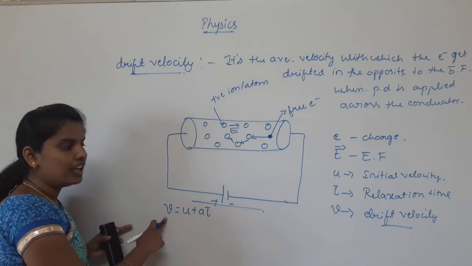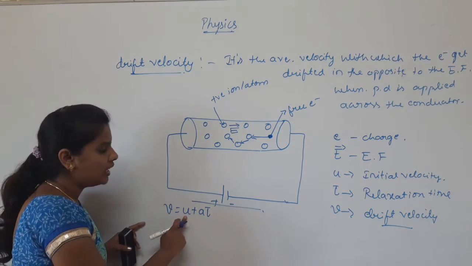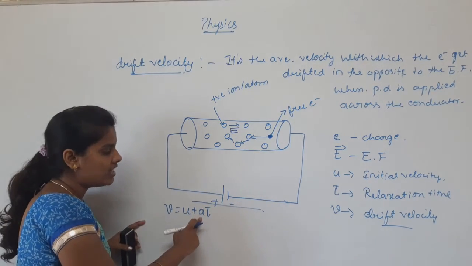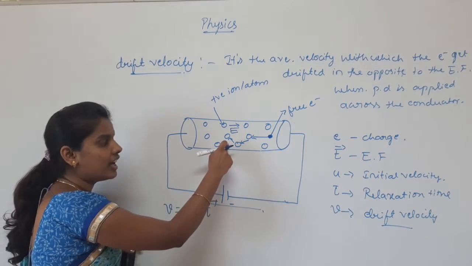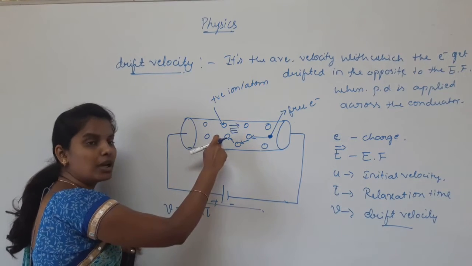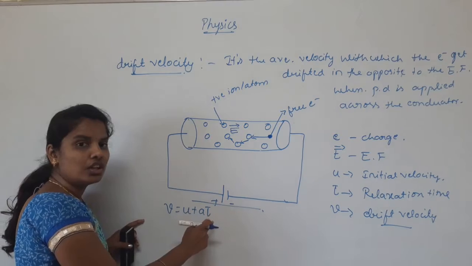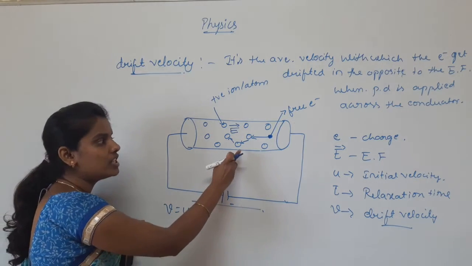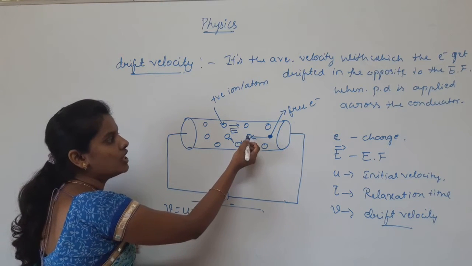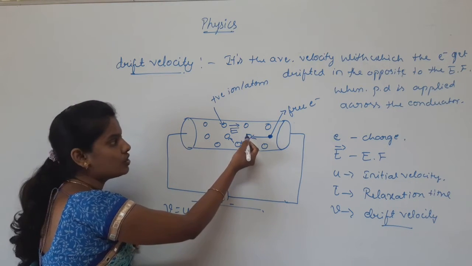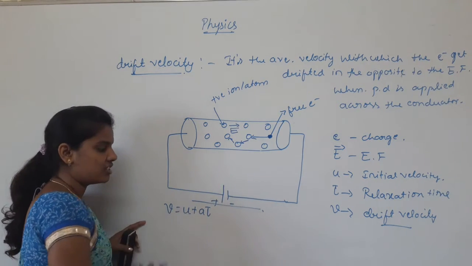Here v is the drift velocity or final velocity, u is the initial velocity, and a is the acceleration of an electron inside a conductor when the electric field is set up. Tau is the relaxation time, which is the average interval of time between two successive collisions of an electron inside a conductor.